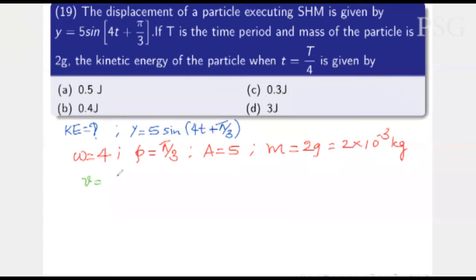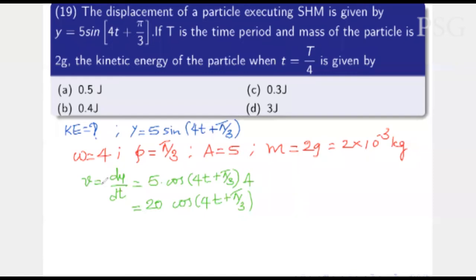So velocity v equals dy by dt, and that is equal to, here you have the function y. So 5 is the amplitude, the derivative of sine is cosine of 4t plus pi by 3, and the derivative of the argument will be 4 only, as pi by 3 is constant. So it becomes 20 cos of 4t plus pi by 3.